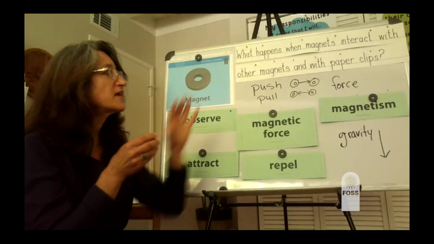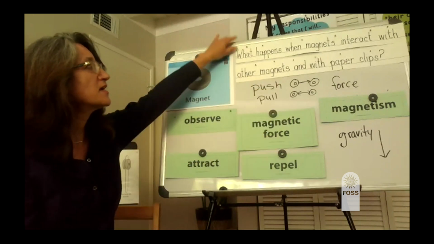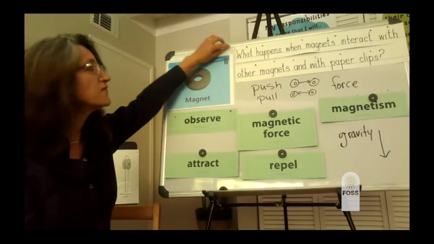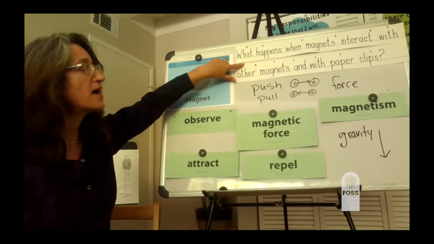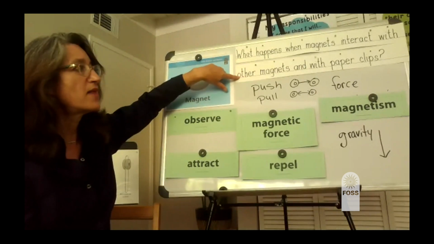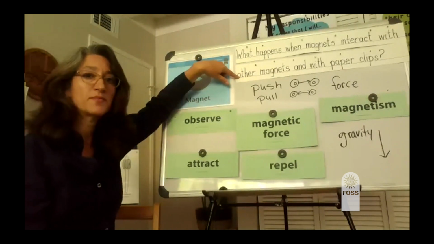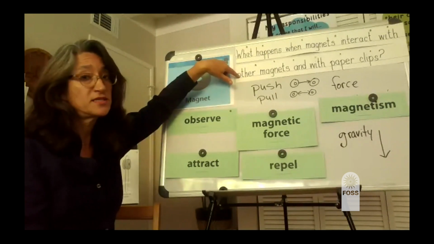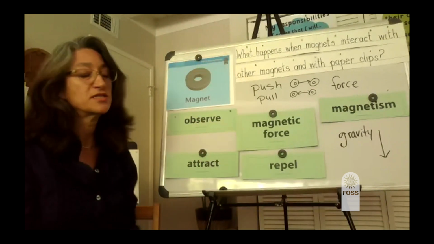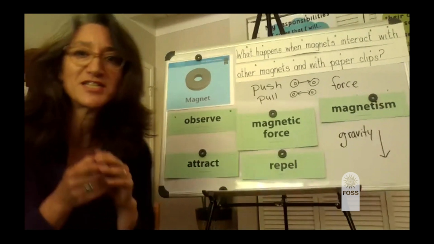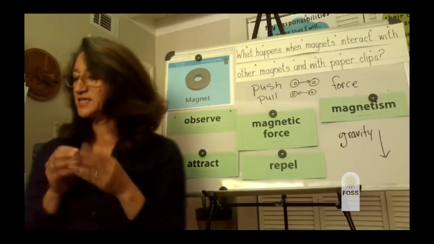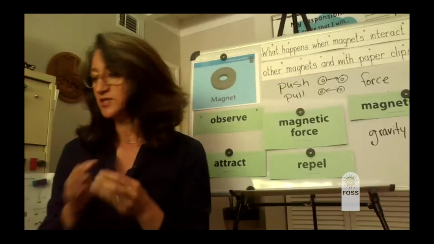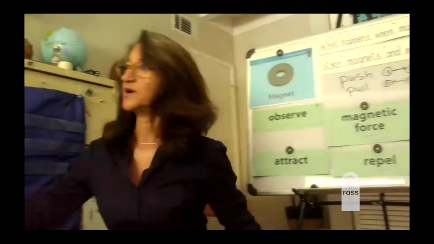So that's the vocabulary we're going to use to help us answer this question. Our focus question is, what happens when magnets interact with other magnets and with a paper clip? And I would have students at this point write this down in their notebooks, because this is the focus question for investigation. Okay, so let's get started. I'm going to switch back over to our tabletop.